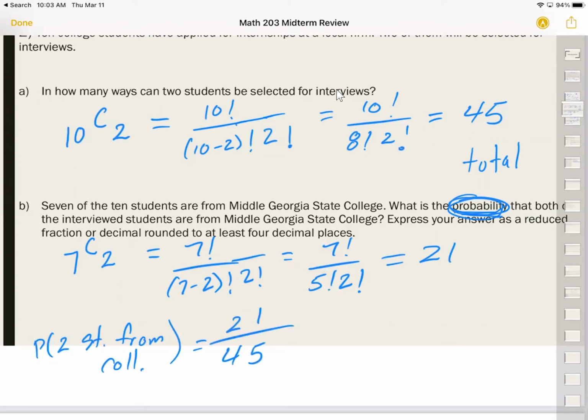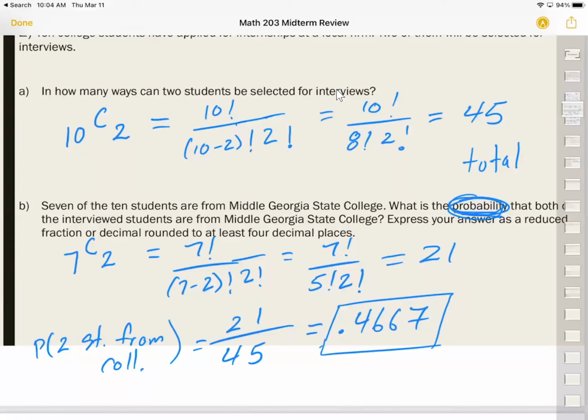If you take 21 divided by 45, what did you guys have? 0.4667. So this is the probability that the two students you select are from Middle Georgia State College. I don't know why they named the college that way. It feels like a high school.